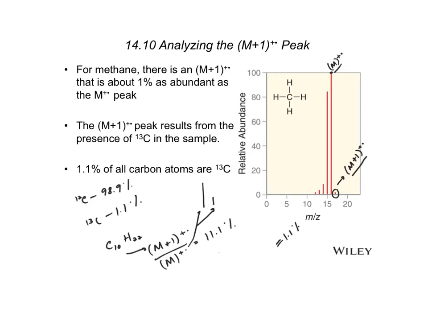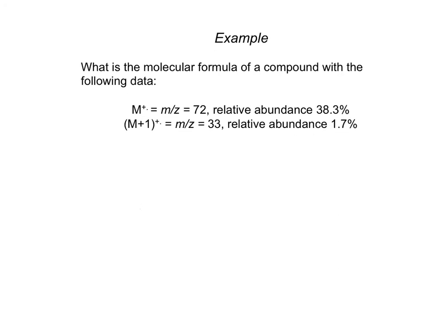Okay, so now to demonstrate that, I'm going to do an example problem that you could potentially see in a homework or on the exam. A lot of times they're not going to actually give you the mass spectrum, right? They're just going to give you the percent abundances or the relative abundances from the mass spectrum data, okay? So in this problem, they want us to use the following to determine the actual molecular formula of the compound.